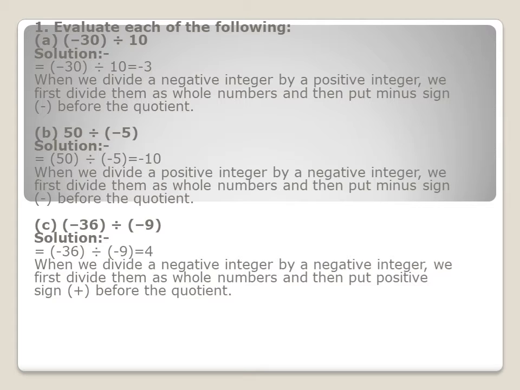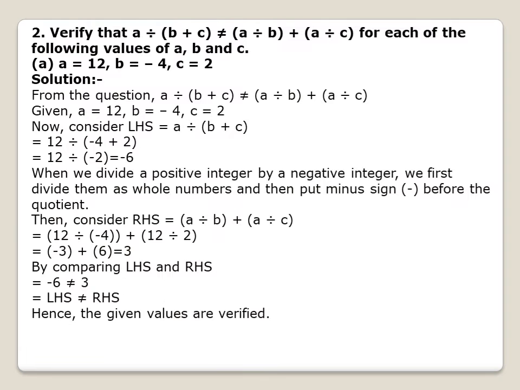When we divide a negative integer by a negative integer, we first divide them as whole numbers and then put a positive sign before the quotient. It means the negative and negative signs get cancelled. Usually we do not indicate the positive sign before the quotient or before any number. If it is not negative, you have to think that the number is positive. Hope it is clear to you.